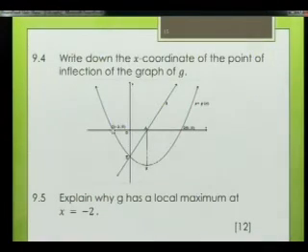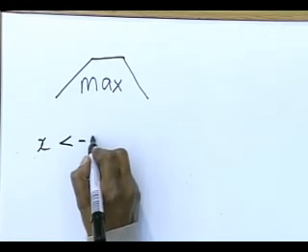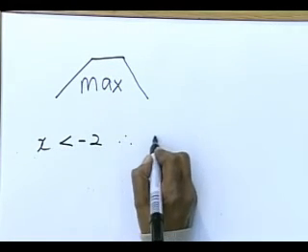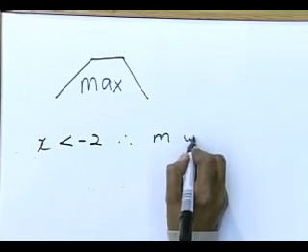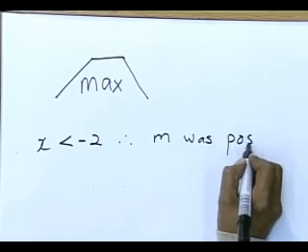We said, for all values, if x is less than minus 2, the gradient was positive. Simple.